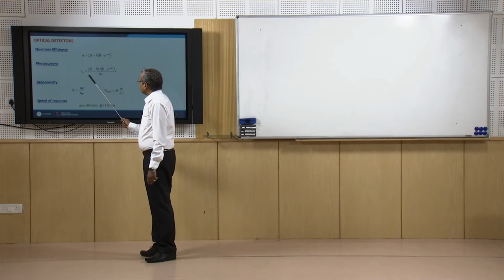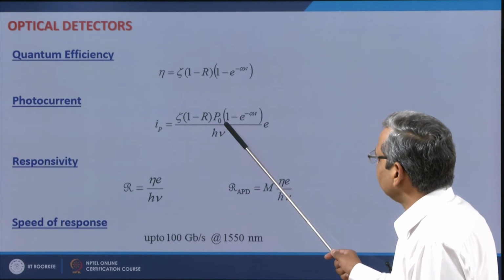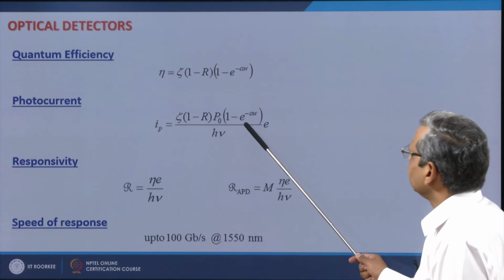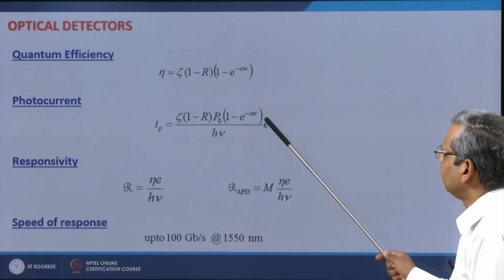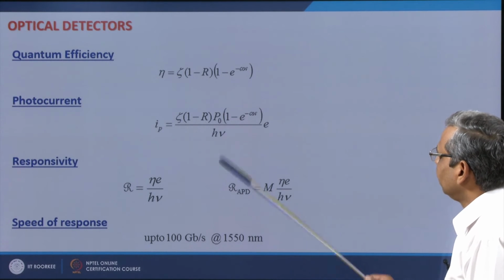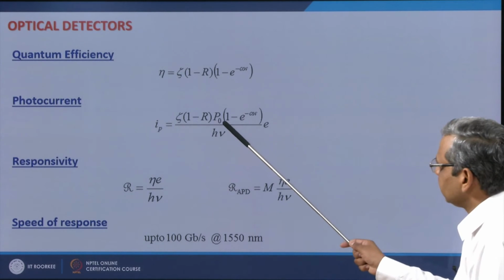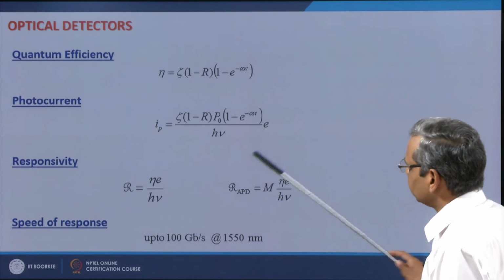Photocurrent which is generated is given by IP is equal to zeta times 1 minus r times P 0 times 1 minus e to the power minus alpha w divided by h nu times e, where P 0 is the incident power. So, this much incident power will generate this much current.